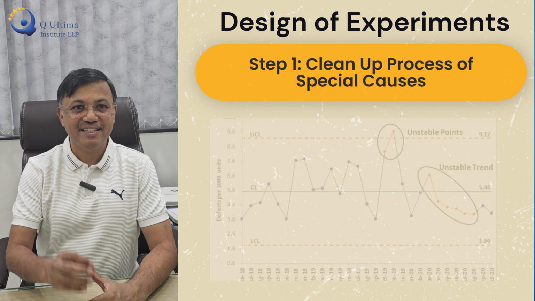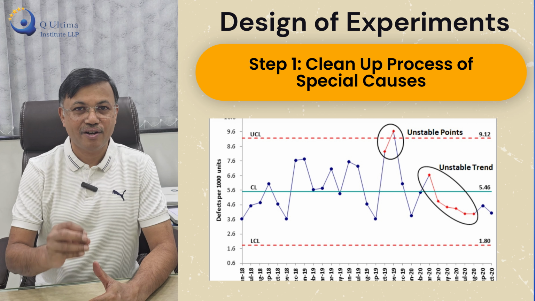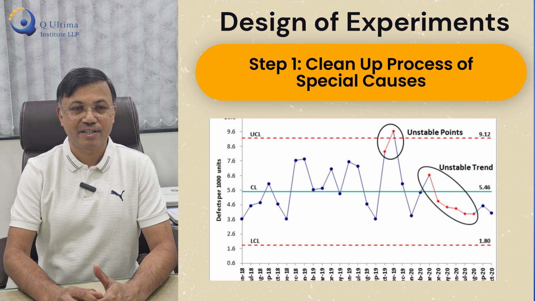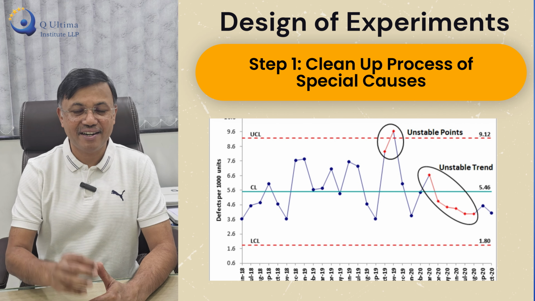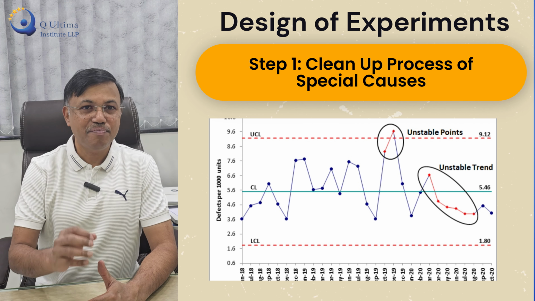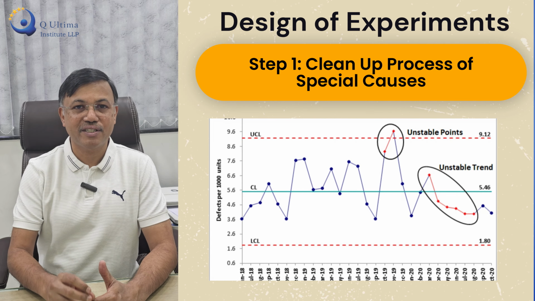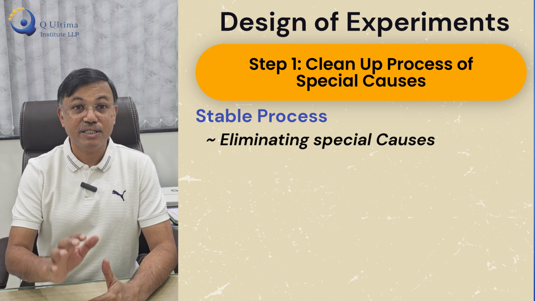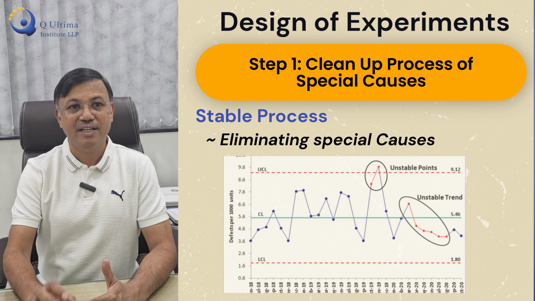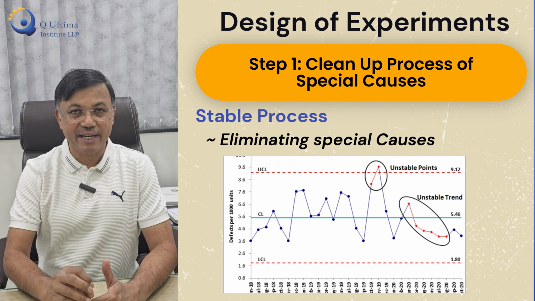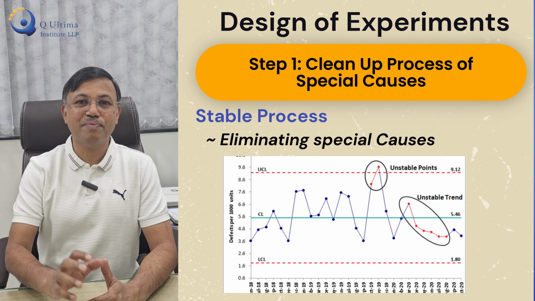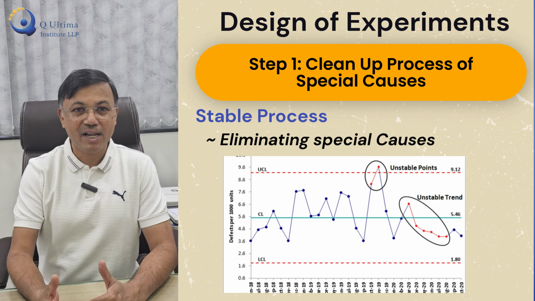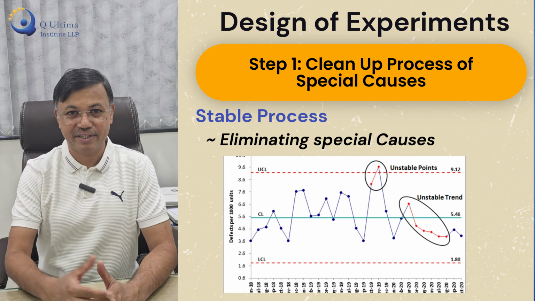We are going to break down the process into 6 critical steps. Step 1 is clean up the process of special causes. Before we can study the underlying relationships, we must ensure our process is stable. We do this by eliminating special causes of variation, the unpredictable spikes or drops caused by things like equipment malfunctions or untrained operators.